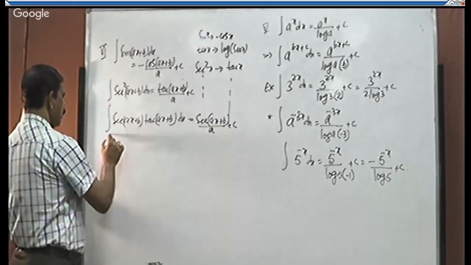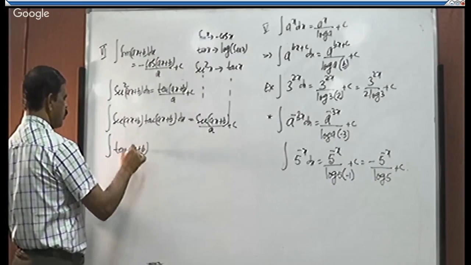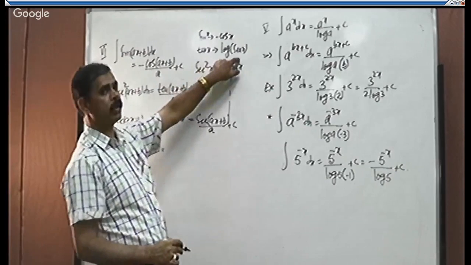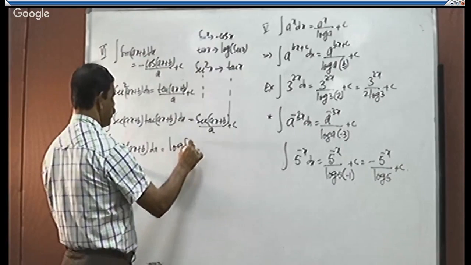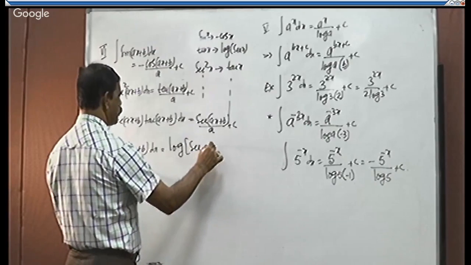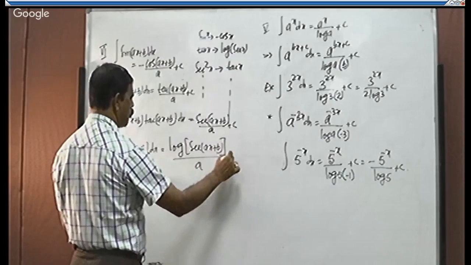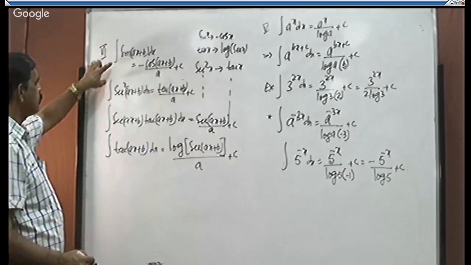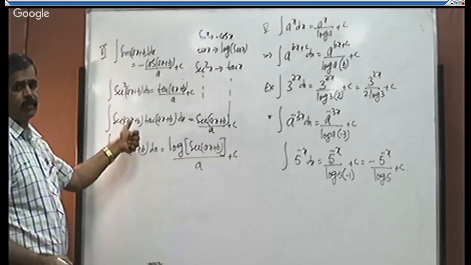Right? Integration of tan ax plus b is what? For tan x it is log secant x. Therefore, we have to write log of secant of ax plus b divided by x coefficient, that is a, plus c. So I have given only few, only 4. So other 6 follow the same steps, right?